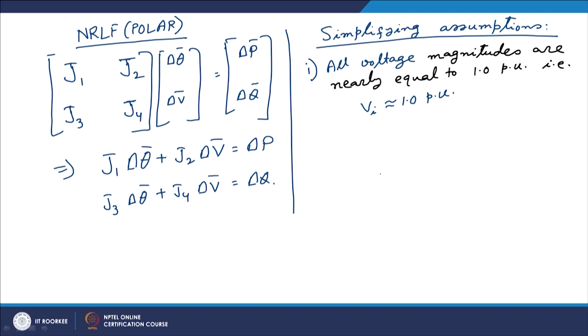This is almost true, because we have already seen in our example of the 5 bus system that all these voltage magnitudes are more or less equal to 1.0 per unit, that is, very close to 1.0 per unit.